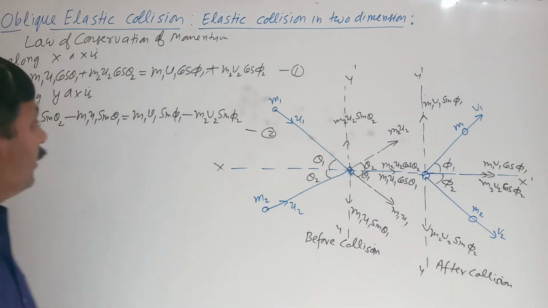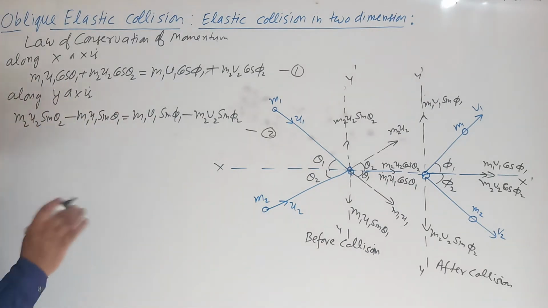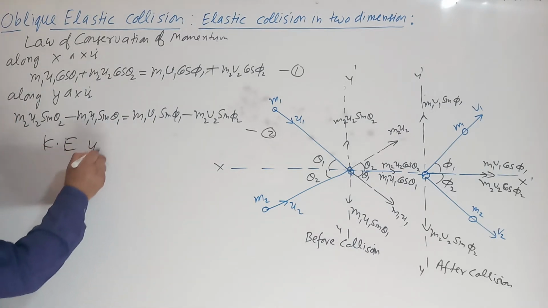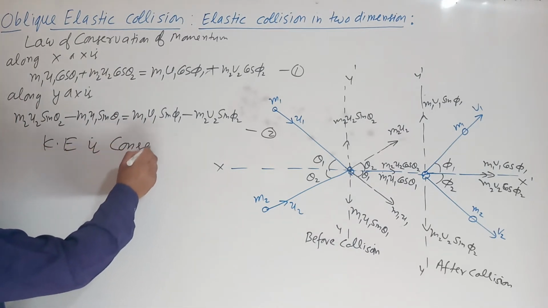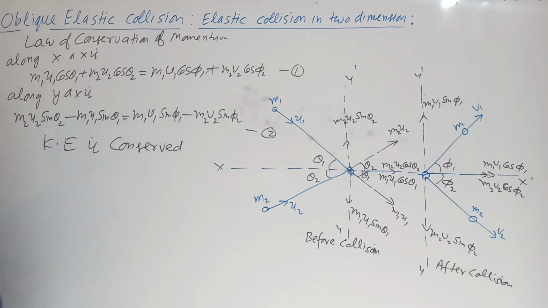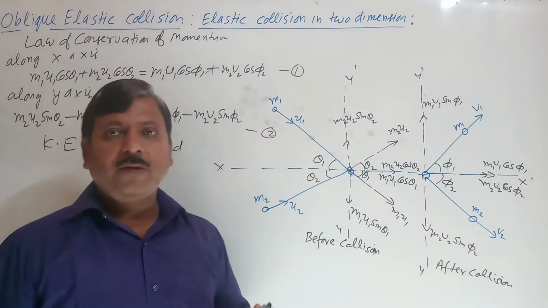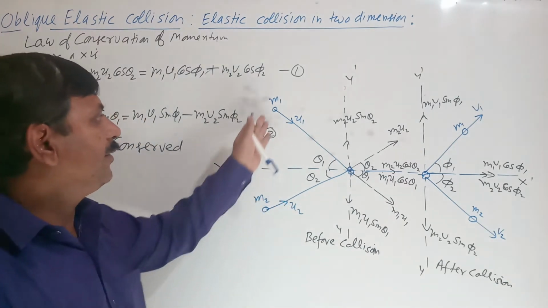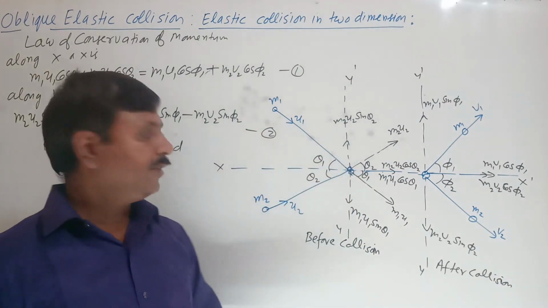Now, the third thing: in an elastic collision, kinetic energy is also conserved. Kinetic energy is a scalar quantity, so there is no need for direction. Only kinetic energy before collision and kinetic energy after collision.